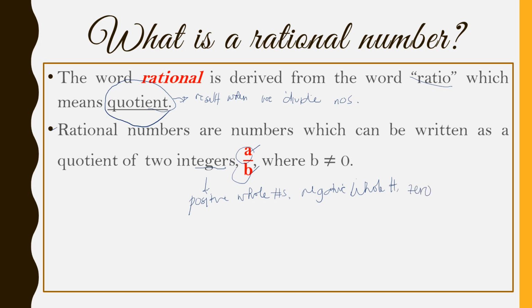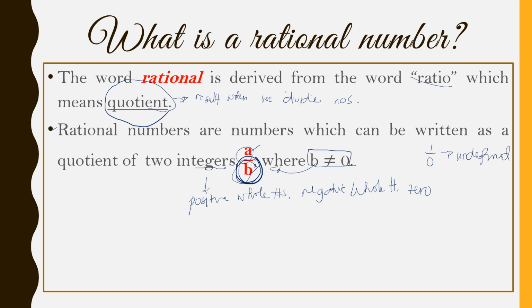But we have a condition that b, or the divisor, should not be equal to 0, because when that happens, the answer is undefined. For example, if 1 is divided by 0, the answer is undefined.